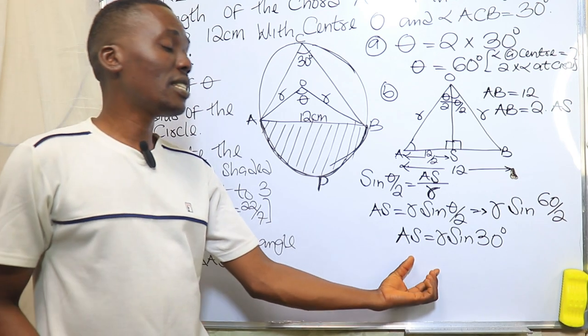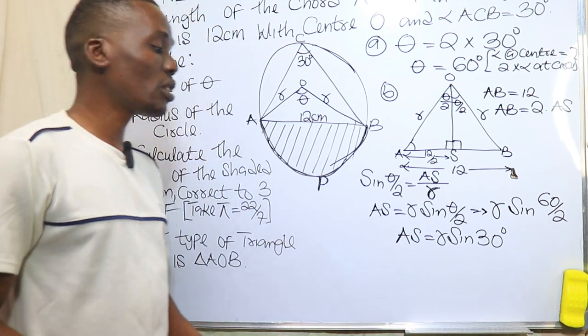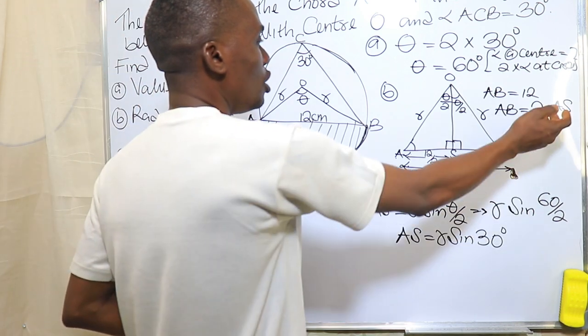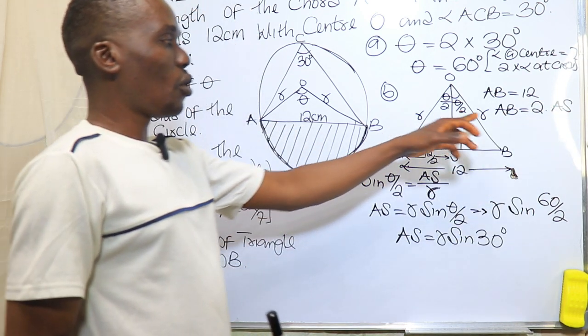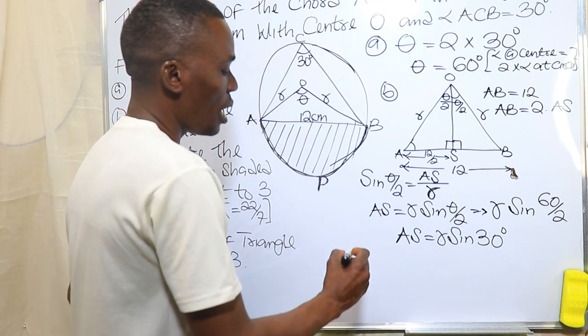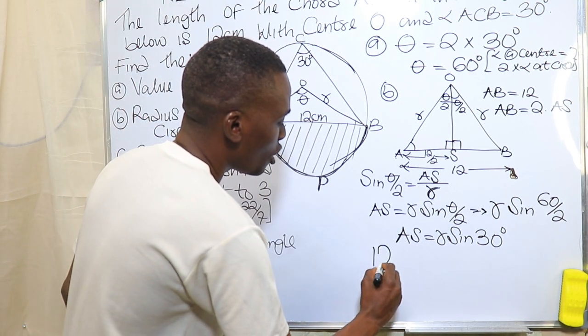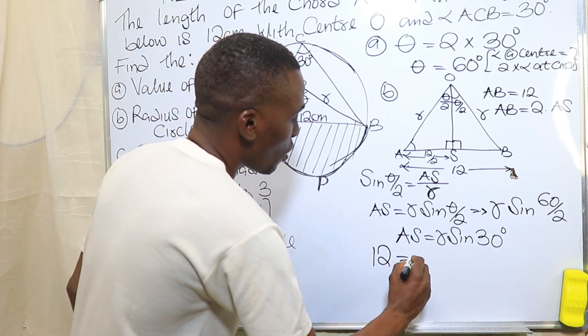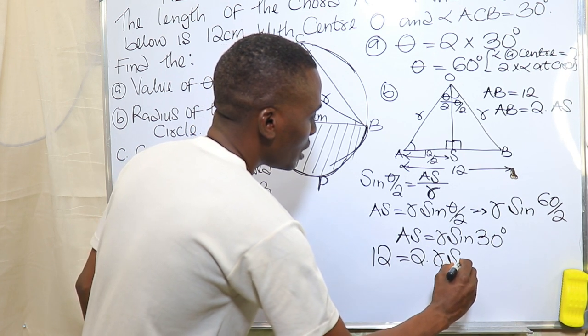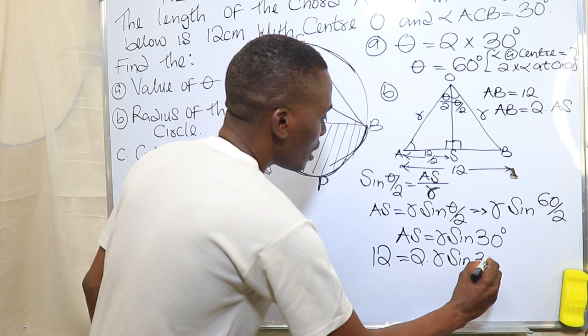So my AS is equal to R sine 30. Now I bring this into AB, so my AB is equal to 2AS. And remember, my AB is 12, and that will be equal to 2 multiplied by R sine 30.